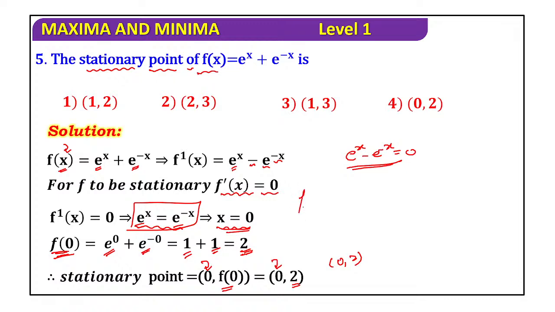So for a stationary point, you have to take f dash of x equal to 0. Don't worry about f double dash of x. You just equate f dash of x to 0 and find the x value. Here the x value is 0. Then e to the power of 0 plus e to the power of 0 is 1 plus 1, which is 2. Therefore, 0, 2 will be your required answer.